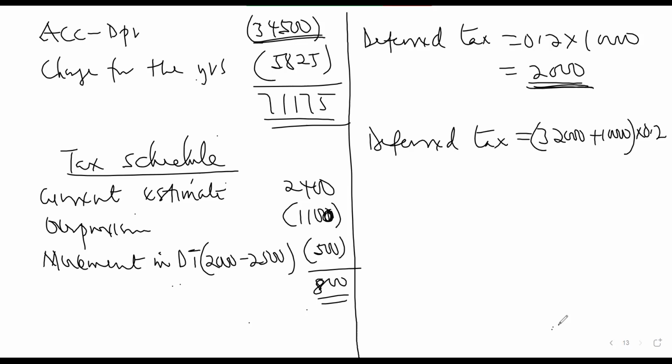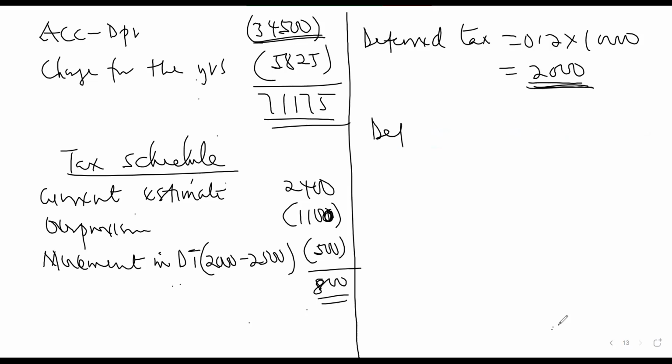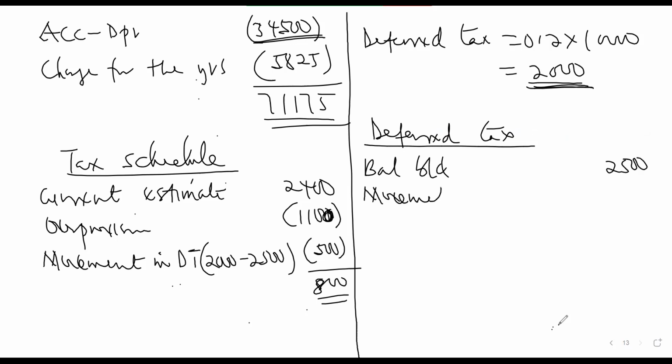Yes. So that 8,400, someone can also calculate it like this. The person will now look at the deferred tax workings. The person will bring the balance brought down of 2,500. And the person will now bring movement in the deferred tax, which is a reduction of 500.